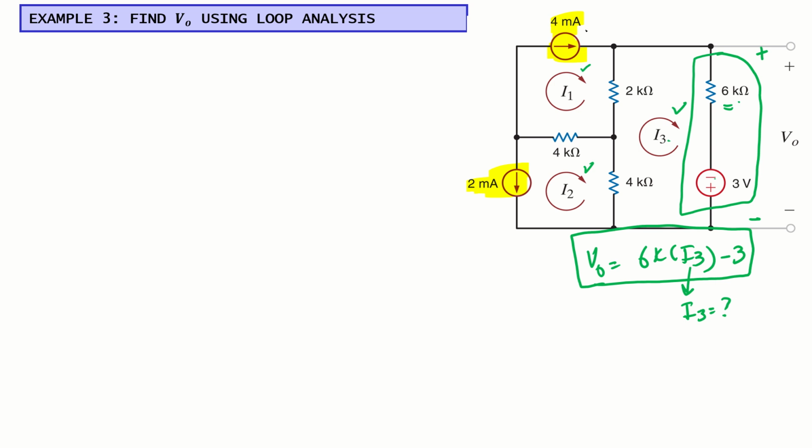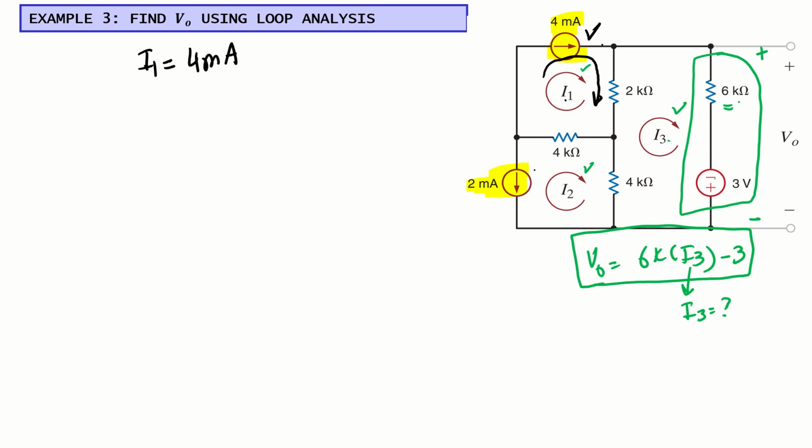For example, if we consider this one, the current flowing through this loop will be the same current flowing through here. So I can say that I1 is 4 milliampere. I don't need to write a loop equation here, I can directly get the value of I1. The purpose of writing a loop equation is to get the current values, and as we can get it directly here, we don't need to write it.